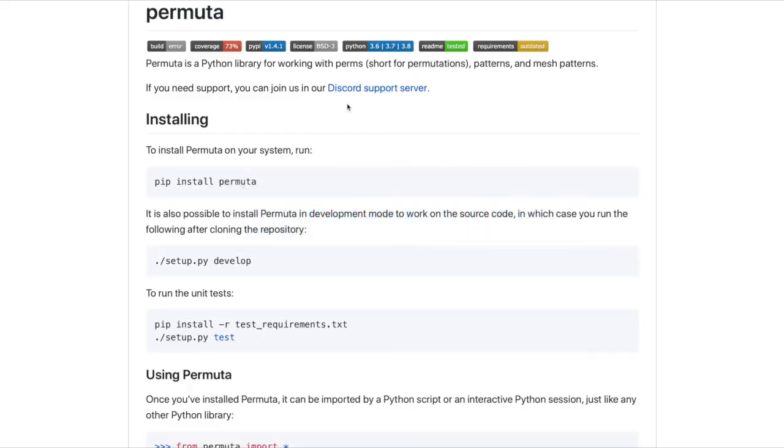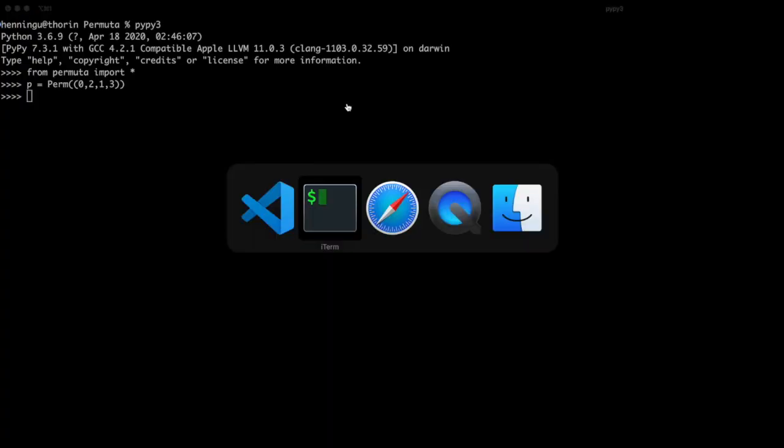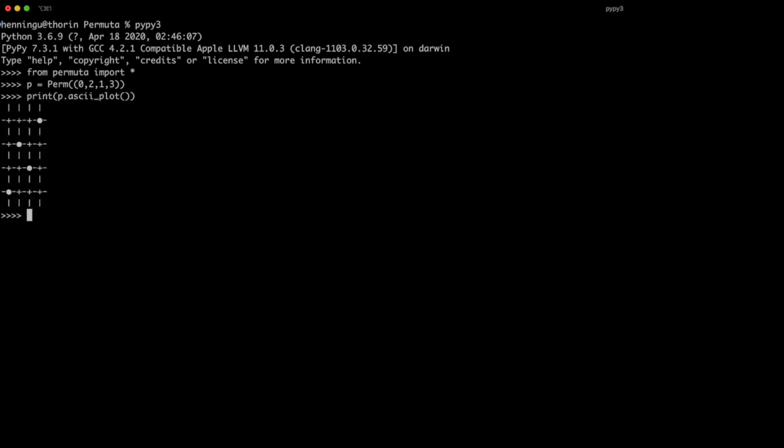And let's draw this permutation. There's a function that can give us the ASCII plot to do that. And we want to use the BISC piece of Permuta. So let's import functions related to BISC.